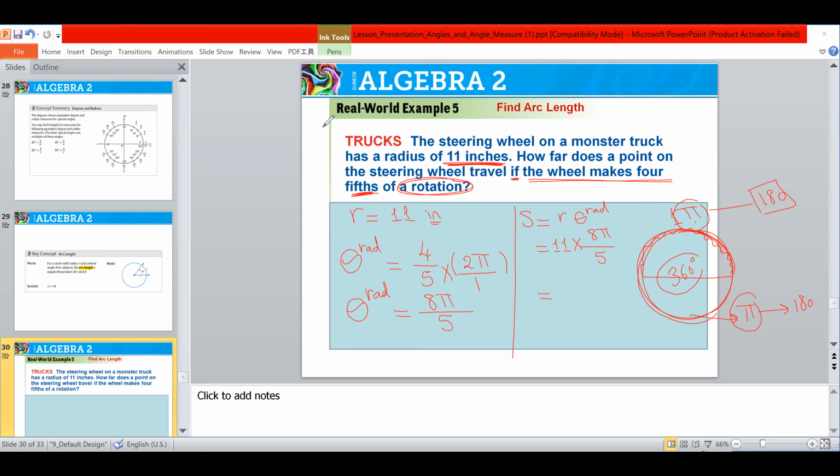Please calculate it and substitute instead of pi by 3.14 as we said. Do you have your calculator? Okay, so 11 multiplied by 8 pi, you can use the sign of pi in your calculator, over 5.